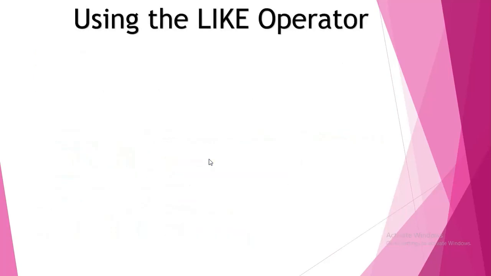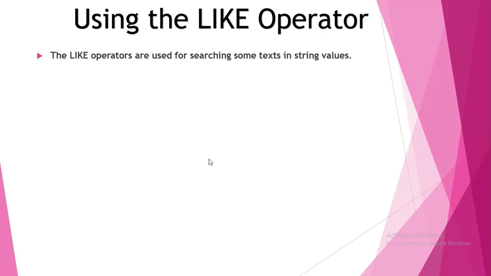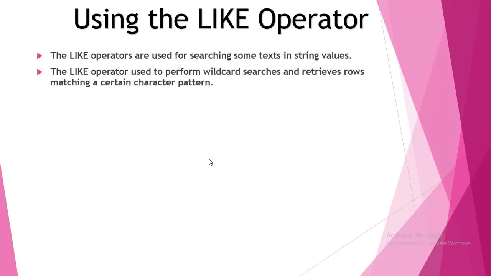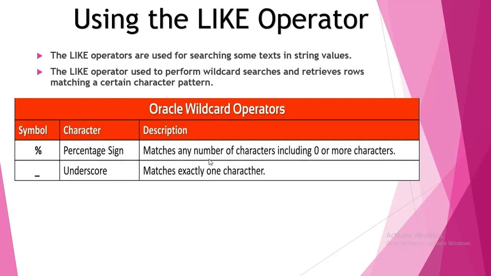Moving ahead, using the LIKE operator. Why do we use the LIKE operator? The LIKE operator is used for searching for text in string values. It performs wildcard searches and retrieves the rows matching a certain character pattern. Here are the details about wildcards: the percentage sign matches any number of characters, including zero or more characters.